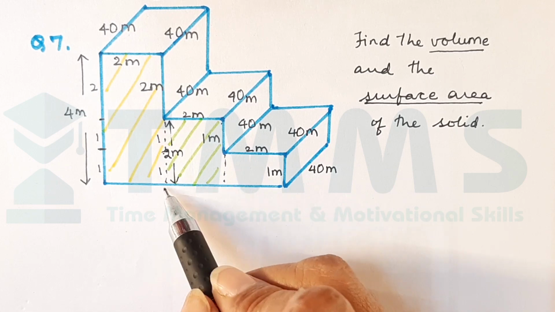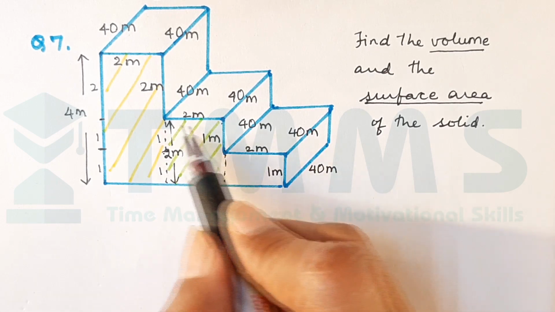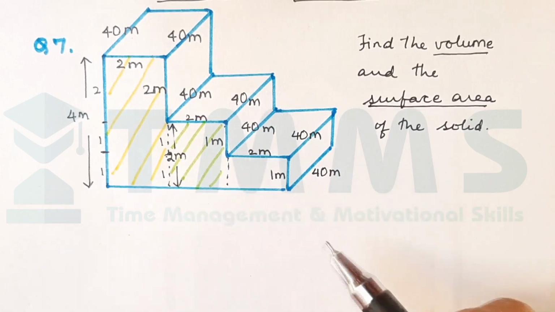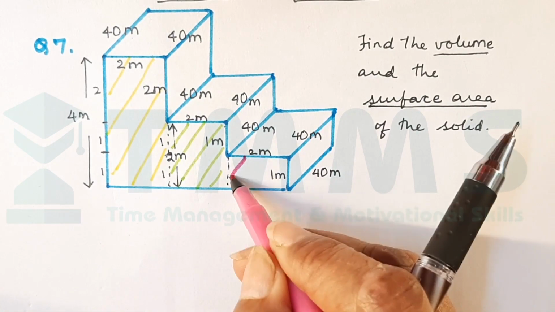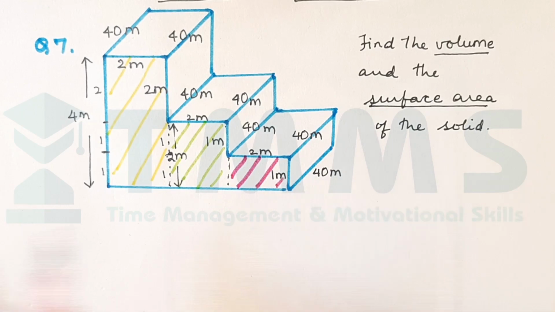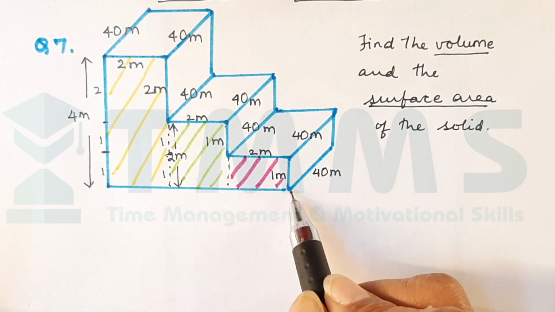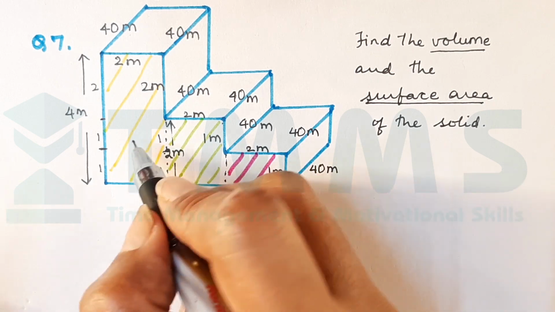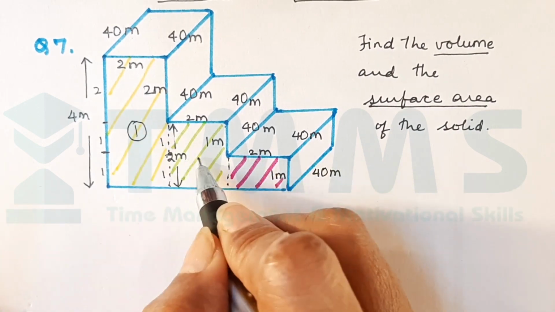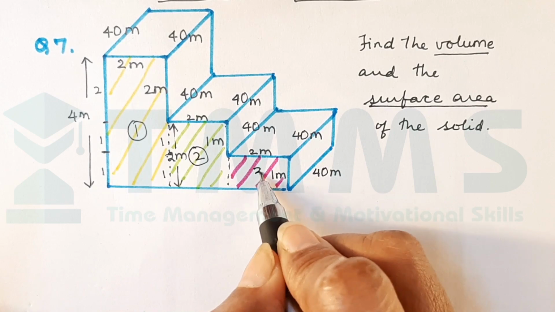The area of this portion is going to be 2 meter multiplied by 2 meter. And then the third area is this one. This is again another rectangle and it is 2 meter by 1 meter. Did we understand? So now we'll call this as area 1, area 2 and area 3.